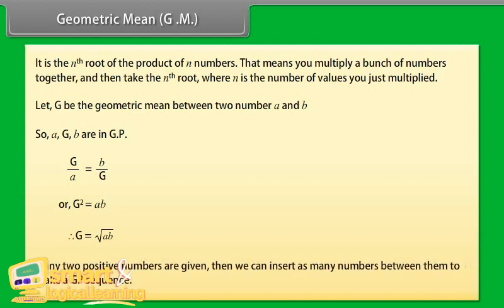Therefore, G is equal to square root of a into b. If any two positive numbers are given, then we can insert as many numbers between them to make a GP sequence.